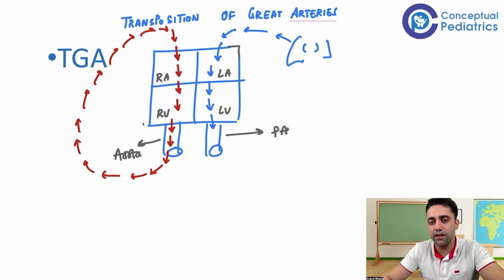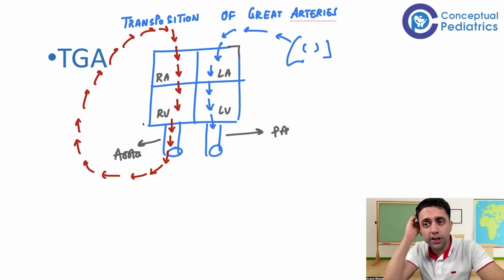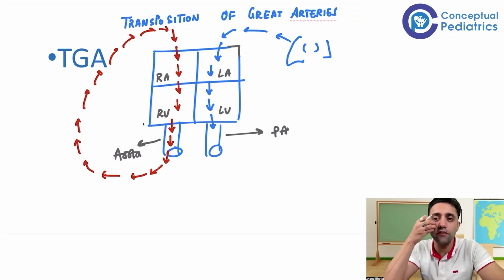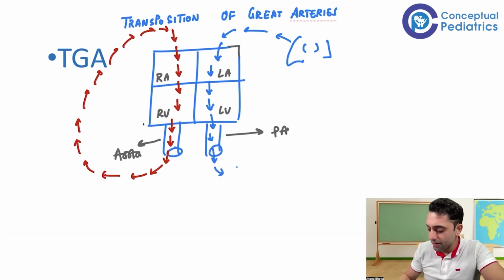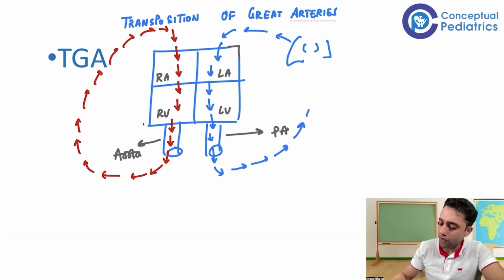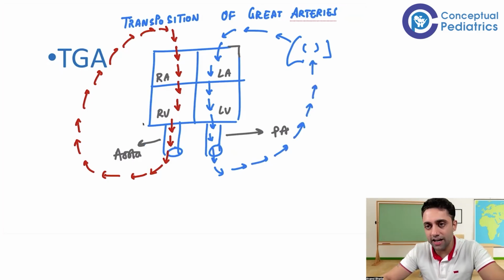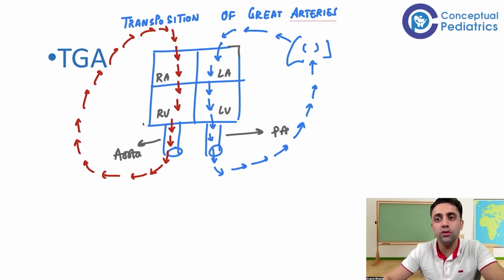From the left ventricle, the blood should be going to the aorta. That is the main thing: the purified blood goes to the aorta and supplies the whole body. But in this case, very, very important, it is going to the pulmonary artery. And the pulmonary artery, we all know, from the backside is connected to the lungs.